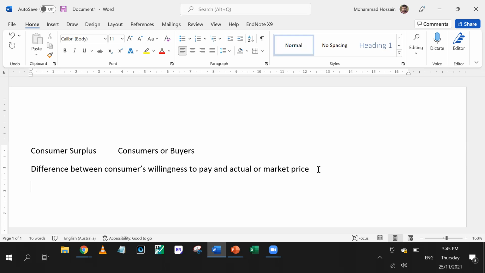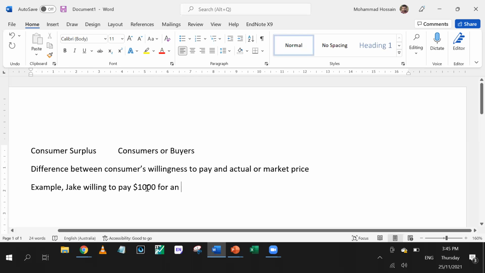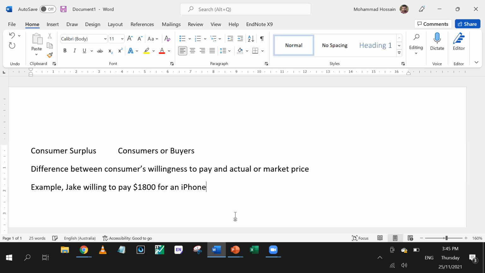Now, an example here. Let's say that Jake is willing to pay, for example, let's say $1,000, no, 1,000 is too low. Let's say he is willing to pay $1,800 for an iPhone 12.